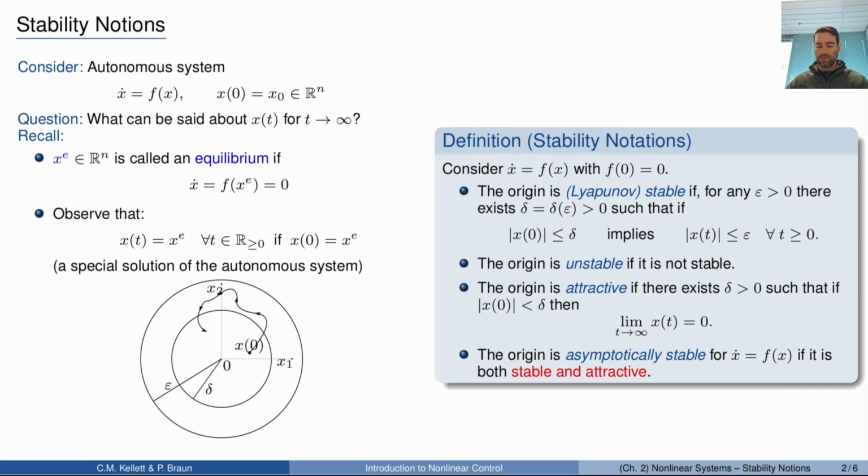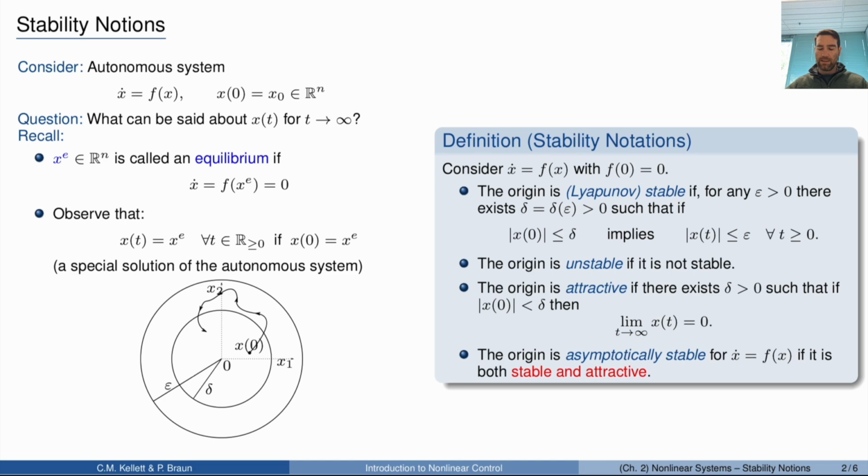So here, for the sake of the definition, we consider again our dynamical system x dot is equal to f of x, and without loss of generality, we assume that xe, the equilibrium, is at the origin. Then our first definition here is Lyapunov stability. How is that defined?